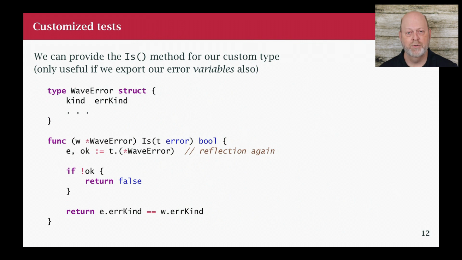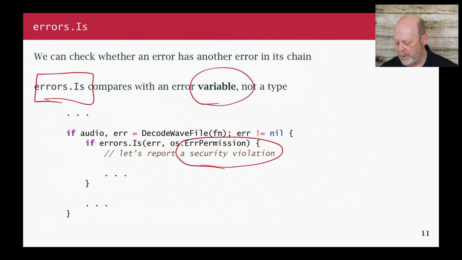Now I can take advantage of this with my custom type. Because in addition to doing an unwrap method, I can add Is to my custom error type. And what I'm doing is I'm saying, hey, you gave me this error. Is it me? Remember when we called errors.Is, we gave it a variable.